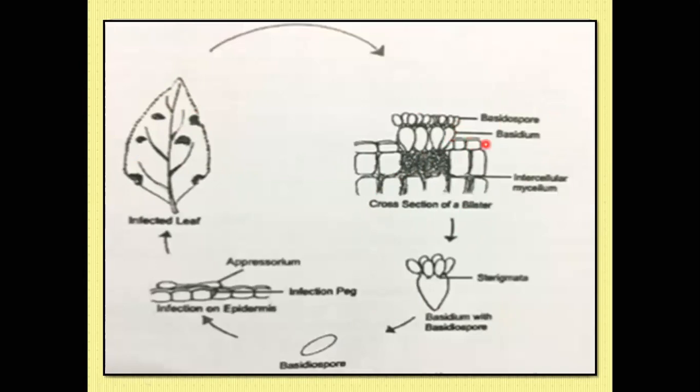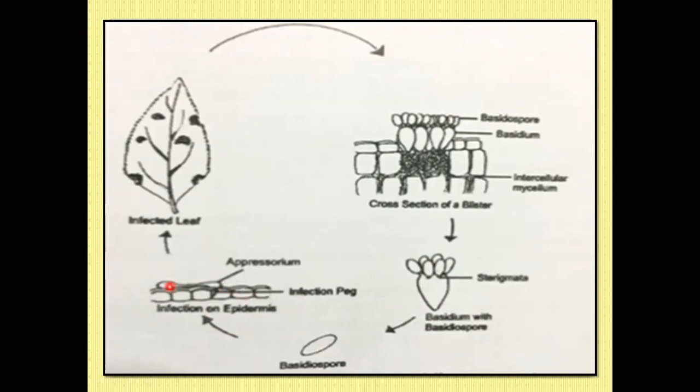A single basidium always produces four basidiospores, and these basidiospores land on the healthy host tissue of the next year's crop or during the growing season of these tea plants.